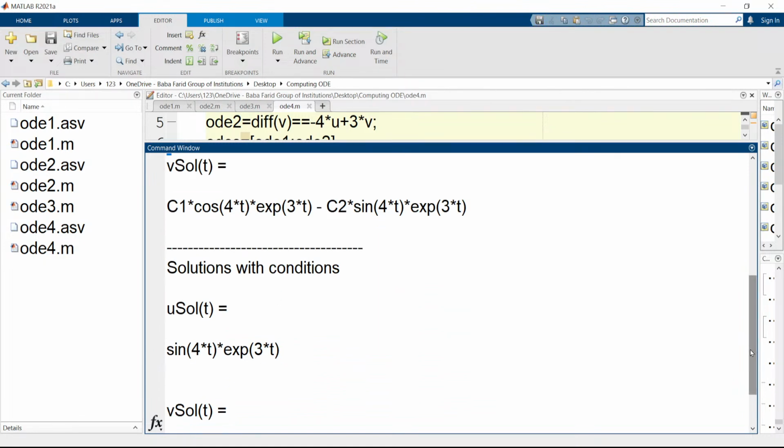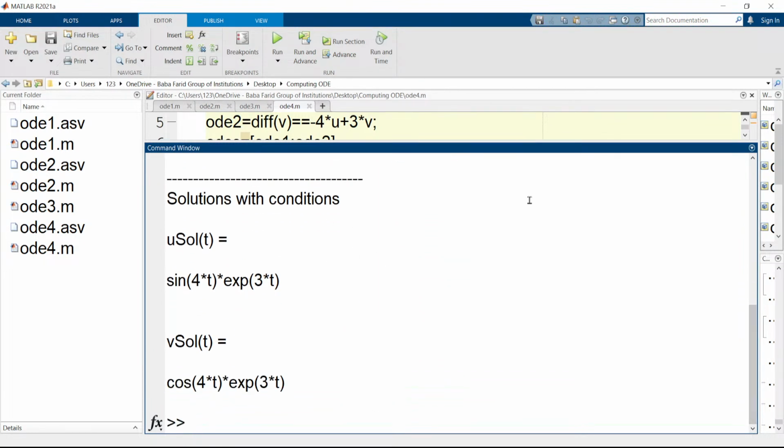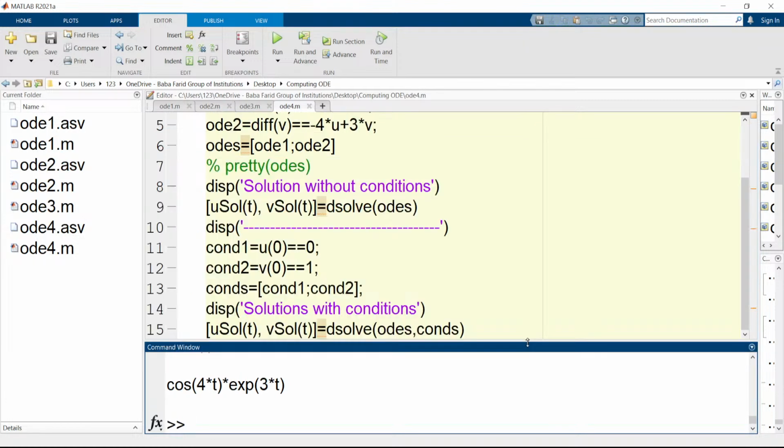This is the second part. So both types of solutions appear at this place, and you can write your smart, beautiful code in the script file, and you can save these files for your future use.